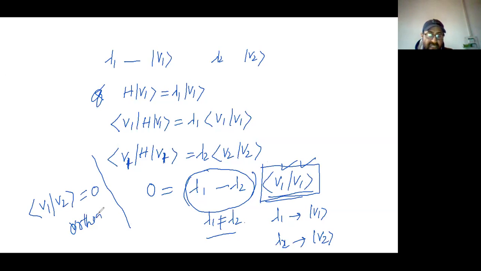So this is another property of Hermitian operators: if you have two different eigenvalues, the states which correspond to different eigenvalues are always orthogonal, and later on we can normalize them also. That way what we get is an orthonormal basis, and I think this is a really important property.